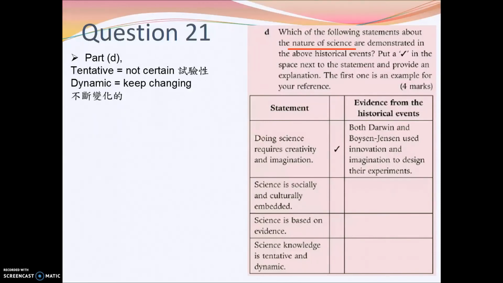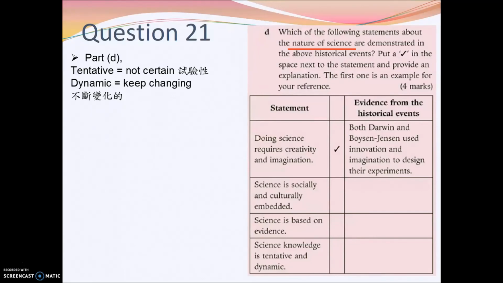But maybe tomorrow or the day after tomorrow, a new scientist does a new experiment and draws a new result, and he finds that the result is more convincing than before. So we may adopt a new hypothesis and a new conclusion. That means science knowledge is tentative and keeps changing, dynamic.